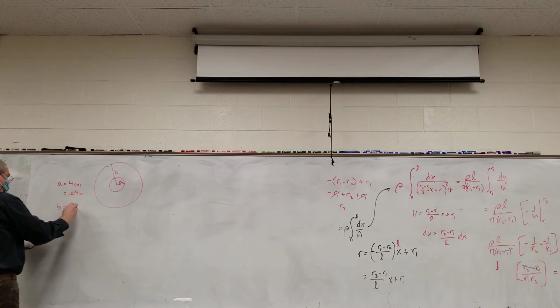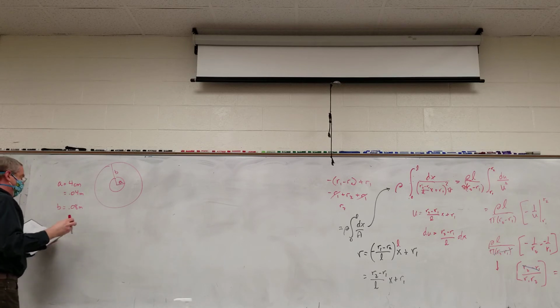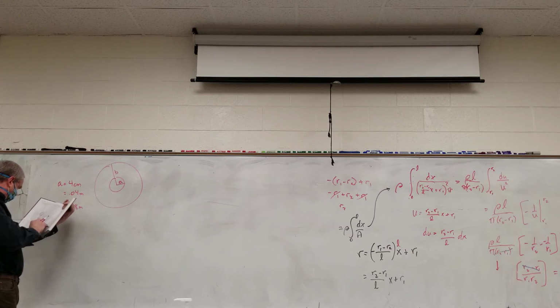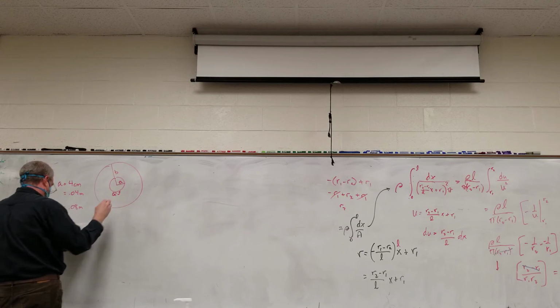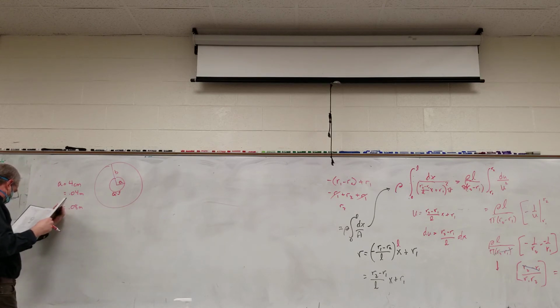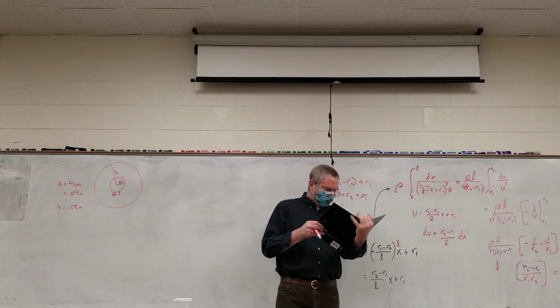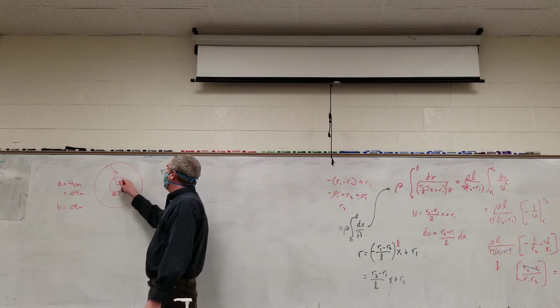B is 0.08 meters. There's a 2-volt difference between the two. Inner sphere has a charge Q. All right, the way they've drawn it is the current, presumably, I assume that's what the arrows are indicating, that the current is flowing outwards.